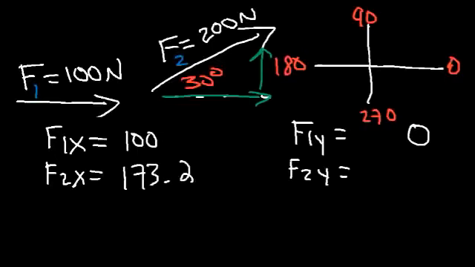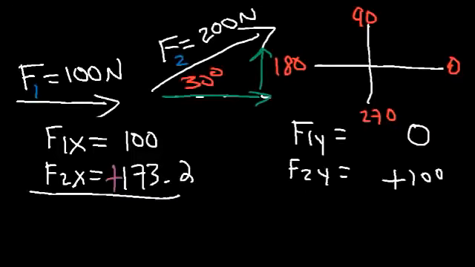And because it's going to the right, along the positive x-axis, F2x is positive. Now, F2y, that's going to be 200 sine 30. Sine 30 is about a half, so 200 sine 30 is equal to 100. Now, because this part is going up along the positive y-axis, F2y is positive 100.